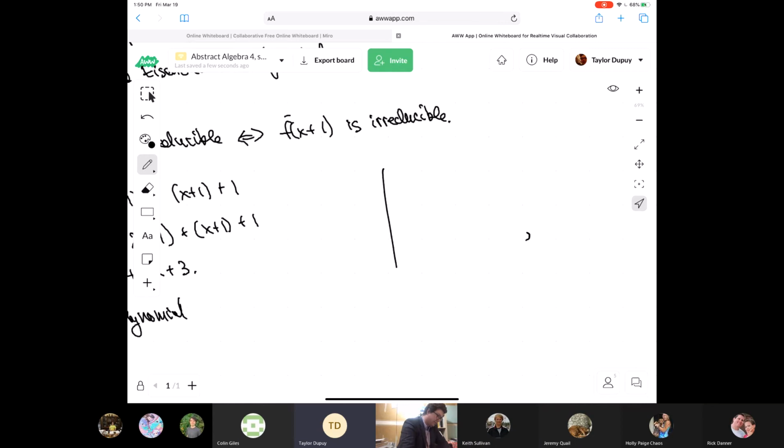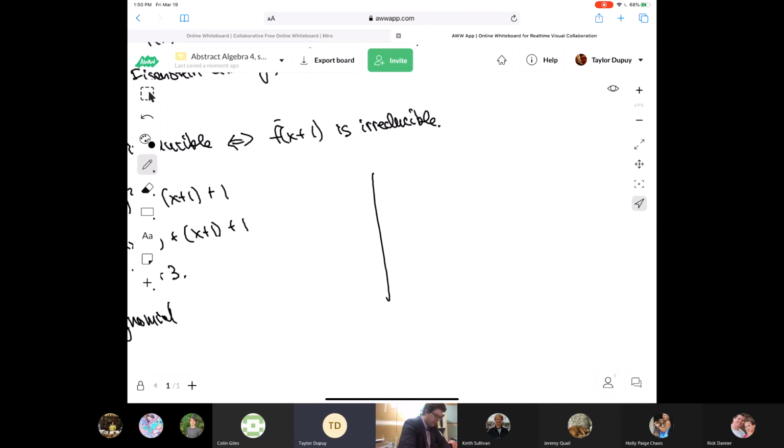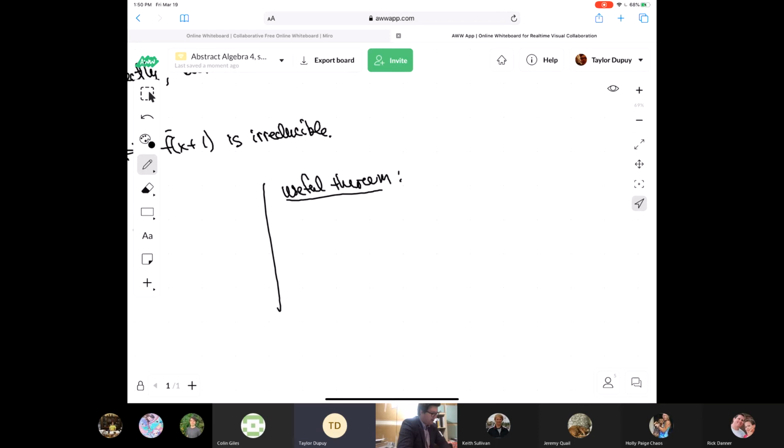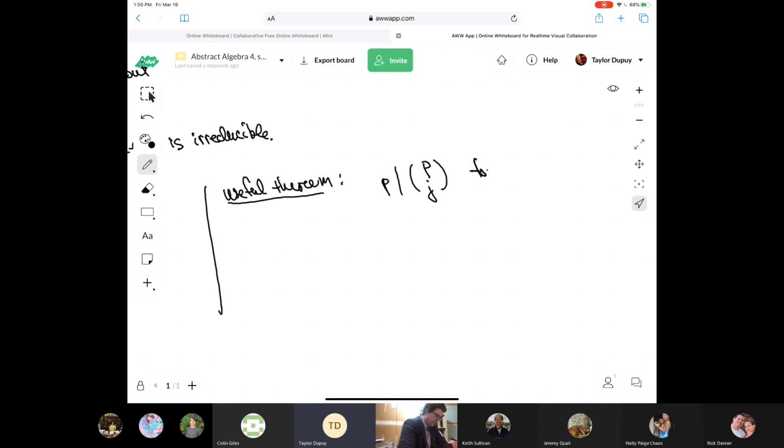So sometimes you have to use a theorem that is useful: P divides P choose J for J not equal to 0 and P. This thing here is P factorial over P minus J factorial J factorial, and this can be used.